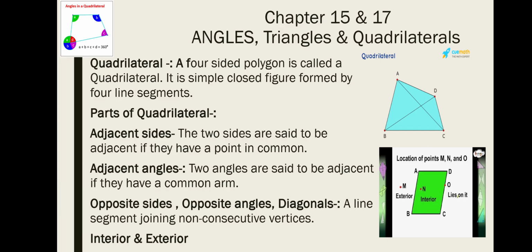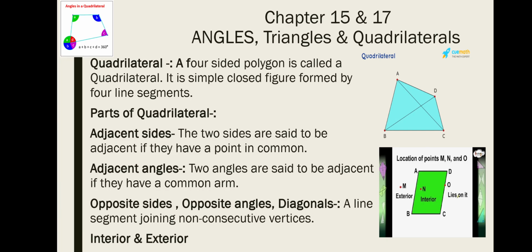Then opposite sides, they are opposite to each other because they don't have any common line segment. Opposite angles also have no common vertex. Opposite sides also have no common angle.